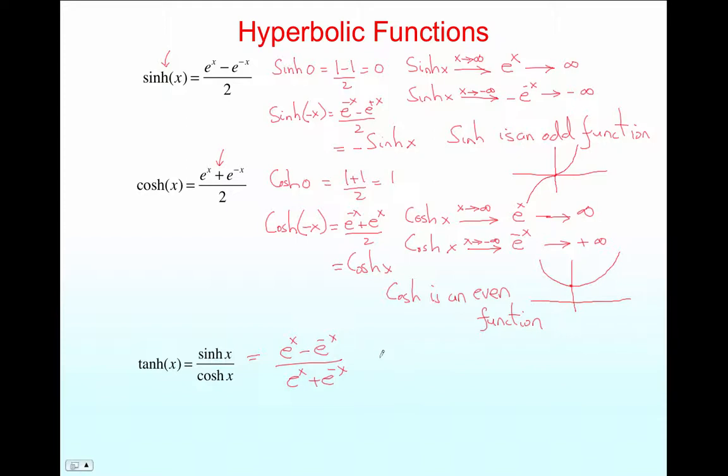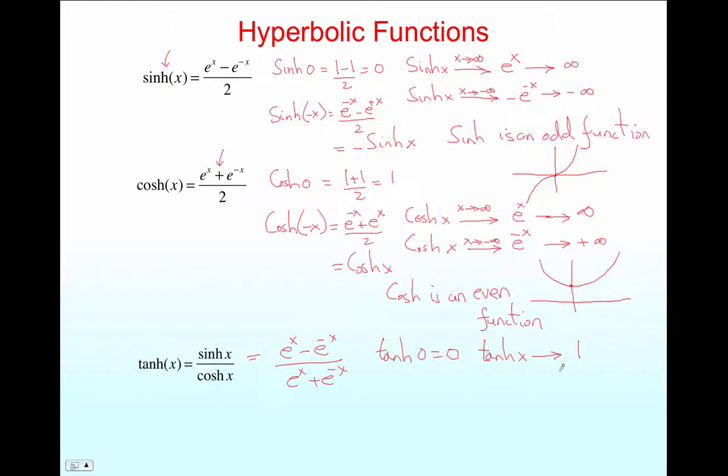Of course, you can see that hyperbolic tan of 0 is going to be 0. And then as x goes to infinity, tanh of x is going to approach, let's see what will happen over here. e to the x is going to become very large. e to the minus x is going to be very small. And so it'll be e to the x divided by e to the x.